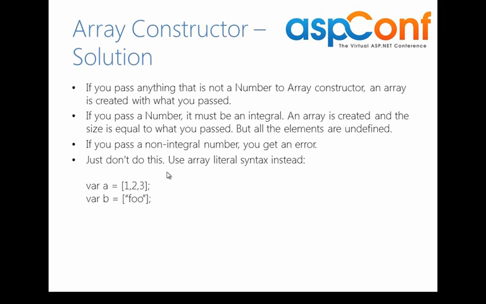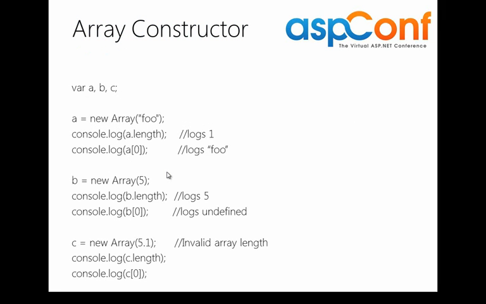However, if we run this, we get this. So in the first case, it works as expected. So you've got length 1, and that logs foo. In the second case, you get b.length equal to 5, and b[0] is undefined. In the third case, you actually get an exception that says invalid array length. What's the catch?